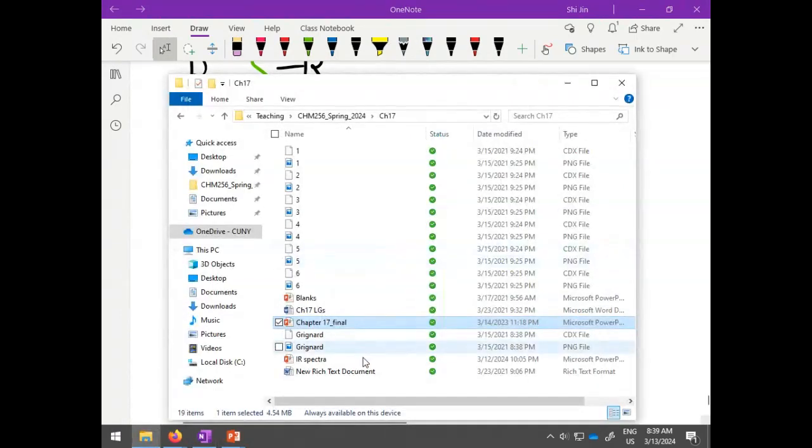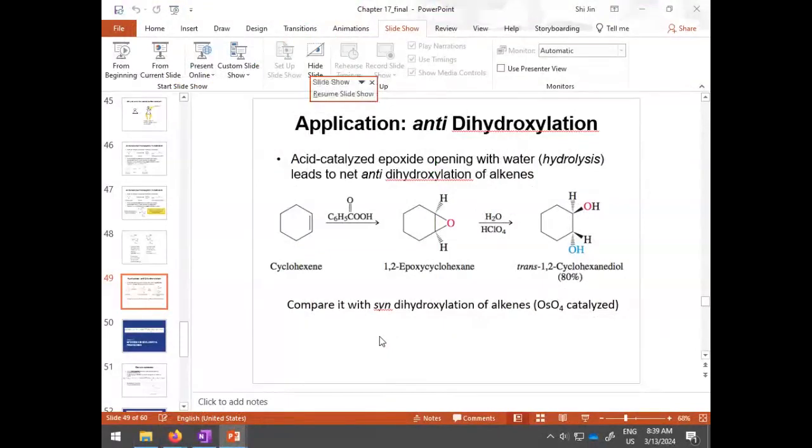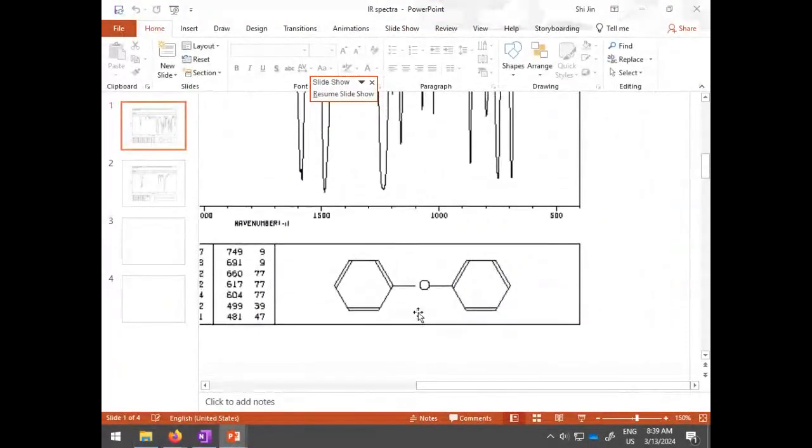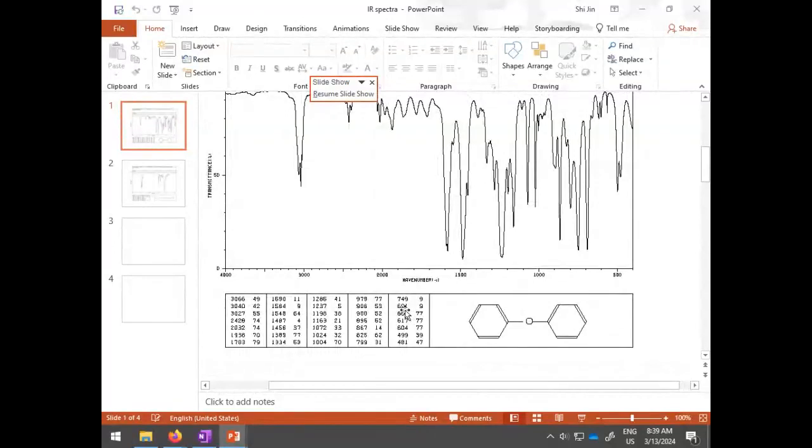And also, I want to show you some difference about the hybridization state of the ether carbons, how it impacts the CO bond stretching frequency.